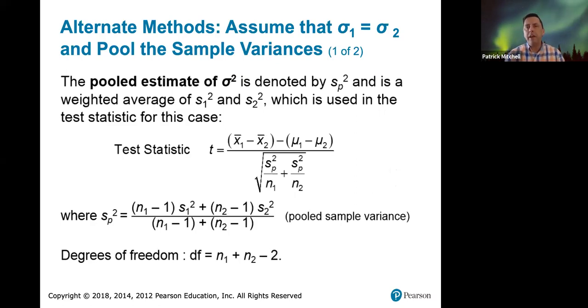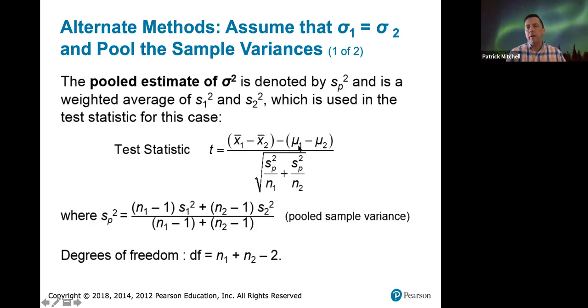Assuming that the two population standard deviations are equal, you can pool the sample variances and get slightly more accurate results. The pooled estimate of sigma squared is denoted by S sub p squared, p for pooled, and is a weighted average of S sub 1 squared and S sub 2 squared, which is used in the test statistic for this case.